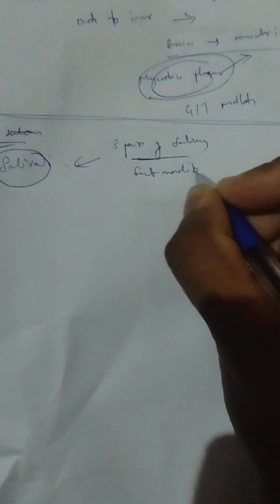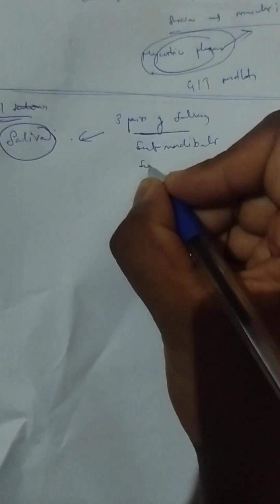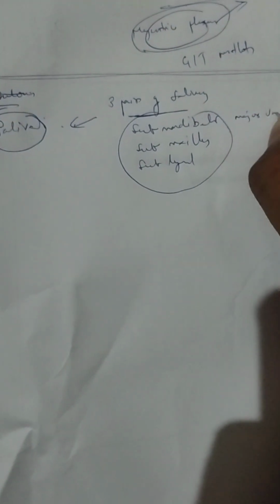Saliva is secreted by three pairs of salivary glands: submandibular, submaxillary, and sublingual. These are our major salivary glands.